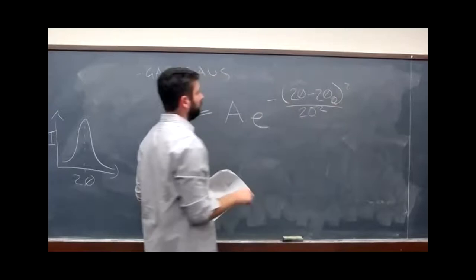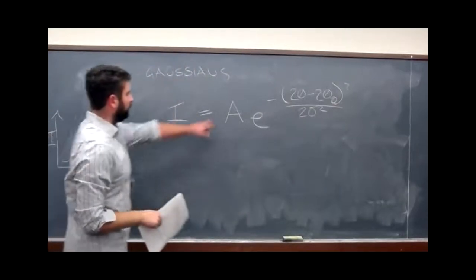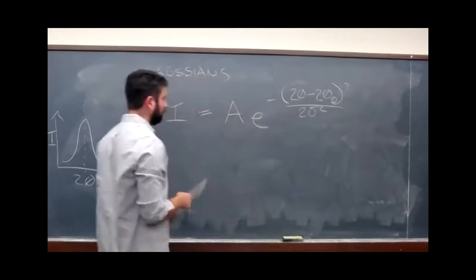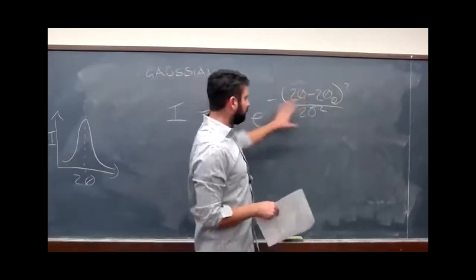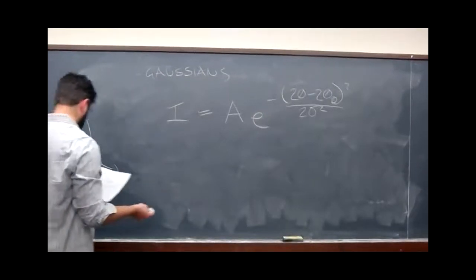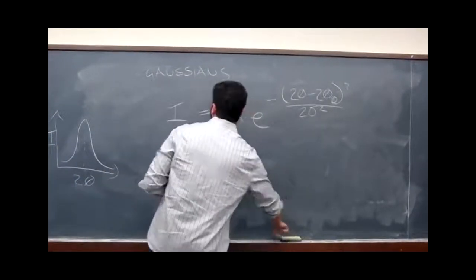This 2 theta naught is the centroid, and the amplitude is related to the height of the peak and the total area under the curve. So we can figure out those 3 pieces of information that we were wondering about earlier from this analytic function.